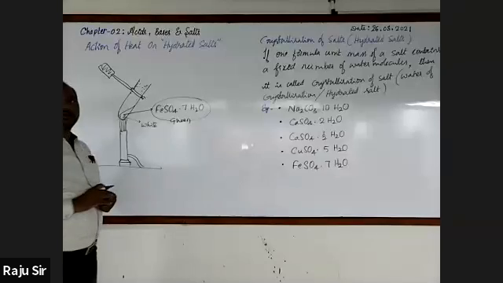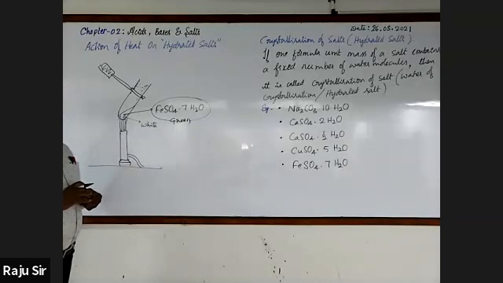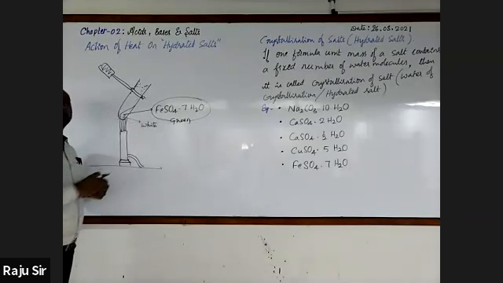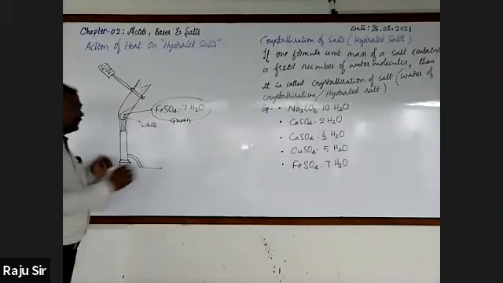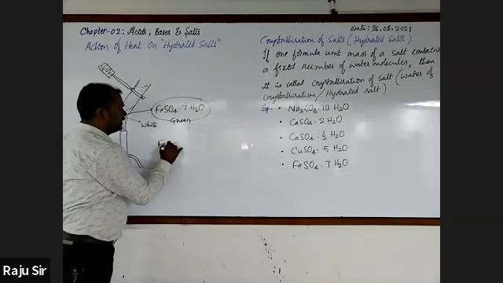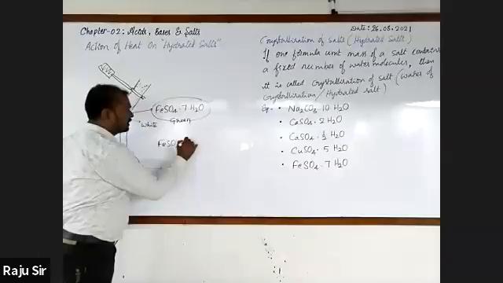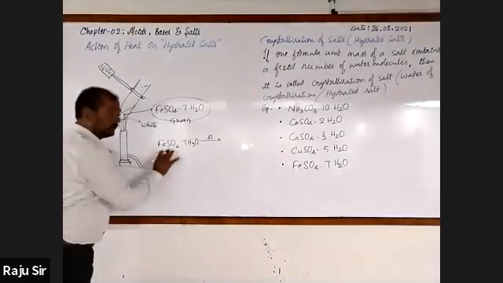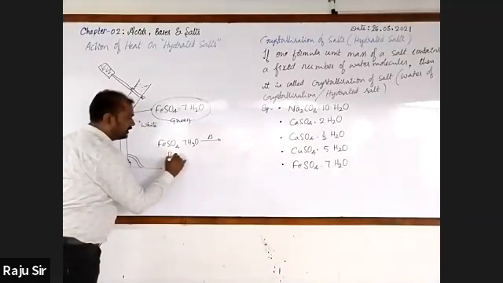Then add water to it, just a few drops of water. It regains the green color. Here I'll write: FeSO4.7H2O, when it is heated, its color is pale green.